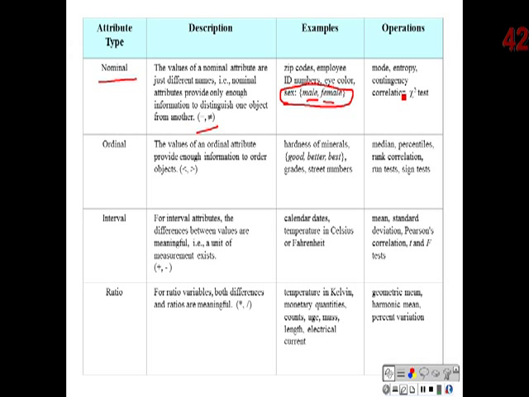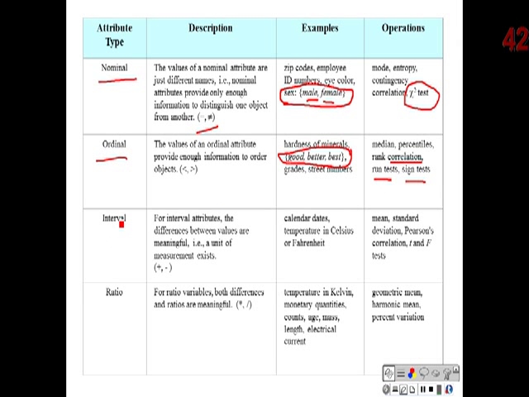For the statistical operation, you usually use a chi-square test on this kind of data. For ordinal, as a sample, you have good, better, and best, three types of values, and usually you use the median, percentiles, and rank correlation. Correlation is mostly used for testing, and you can run tests, and the sign test is very popular.